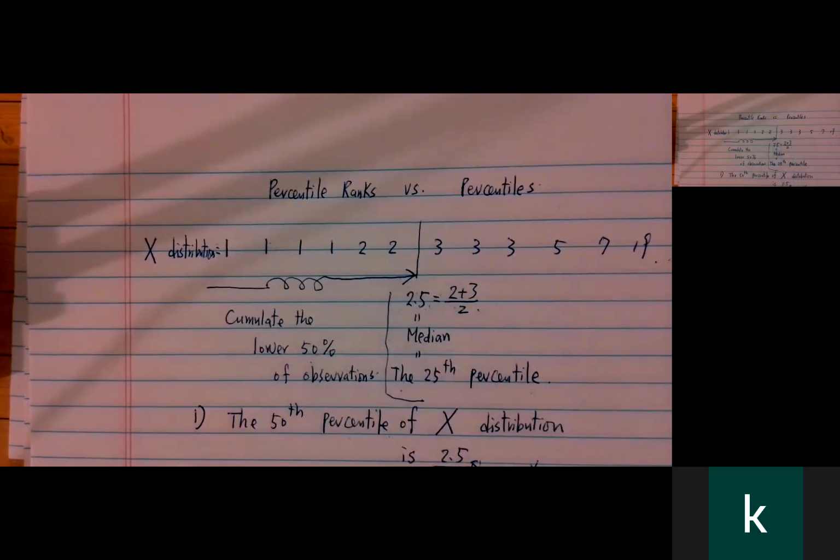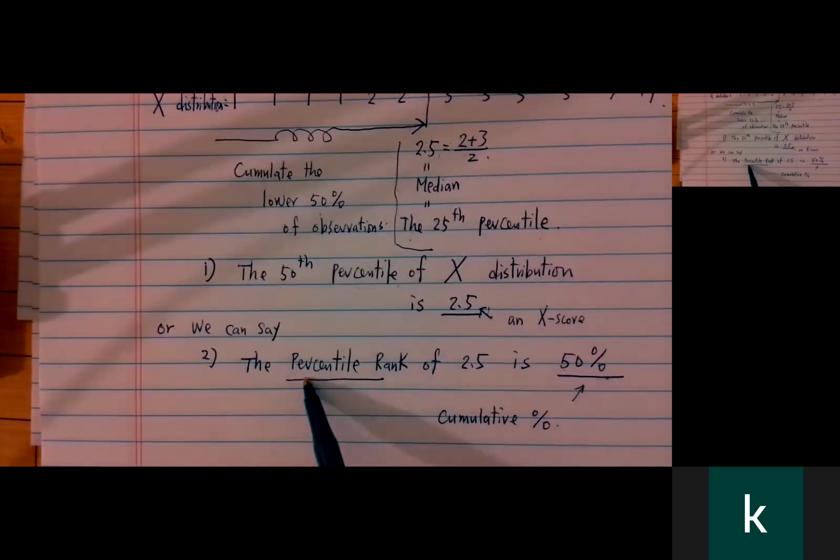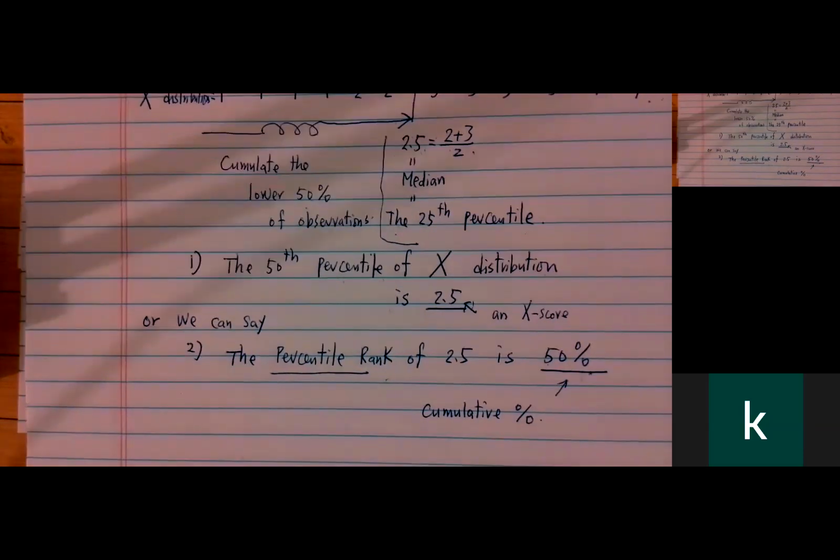So percentile refers to an X score, and percentile rank refers to a percentage, the cumulative percentage. Okay.